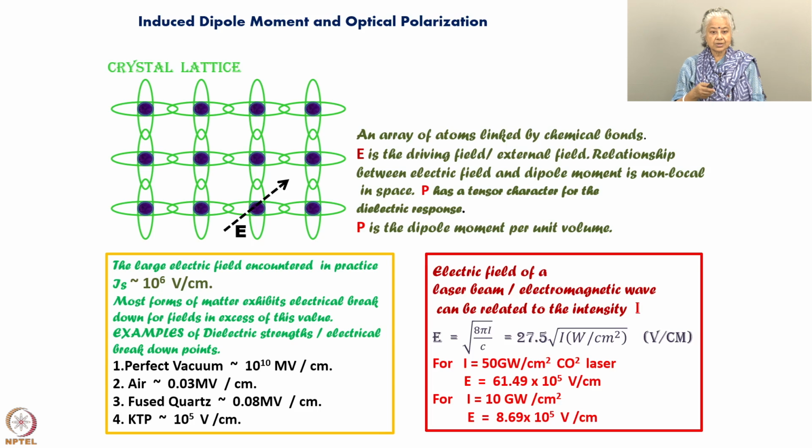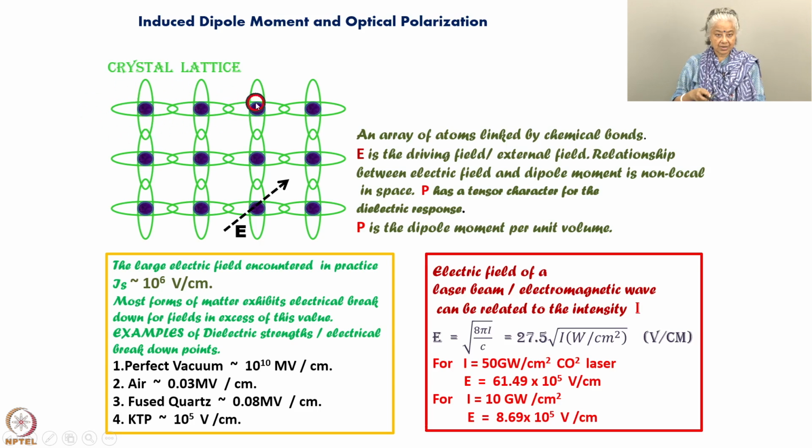I will just give a more pictorial structure: induced dipole moment and optical polarization. Suppose all these are atoms or even small molecules. The center one is the nucleus, and the electrons are moving around this.